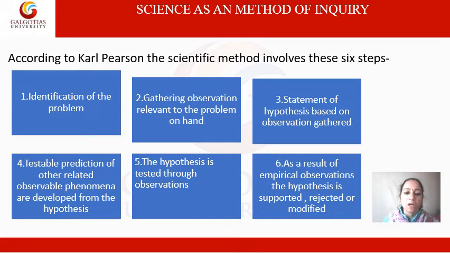So with the help of the hypothesis, we will make some testable predictions related to other observable phenomena. Then the hypothesis is tested through observation. With the help of observation, we will test whether our hypothesis is accepted or rejected.